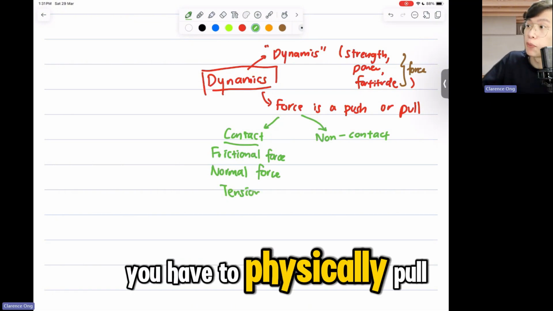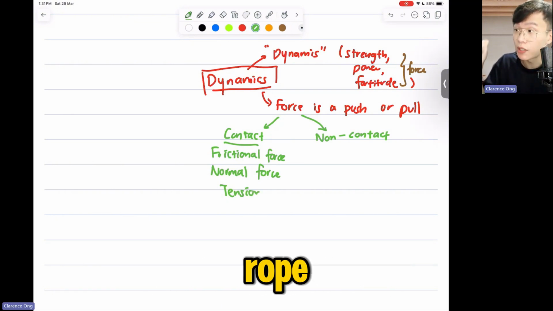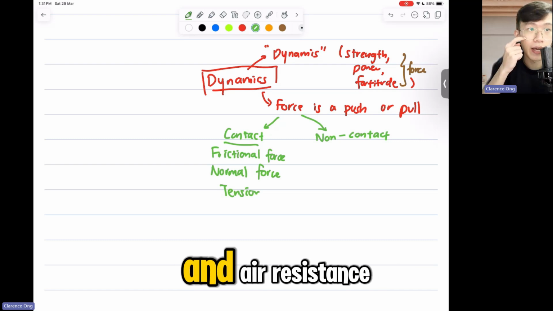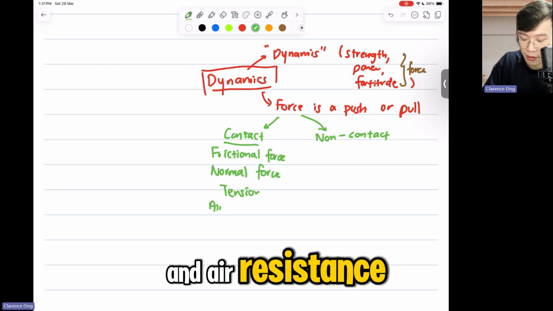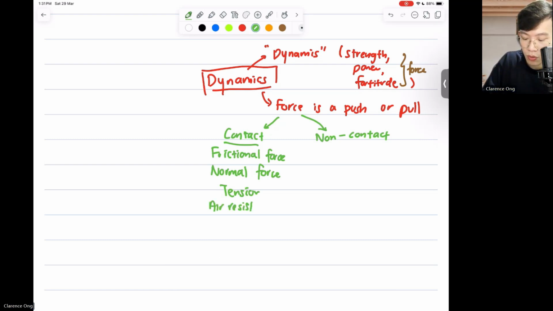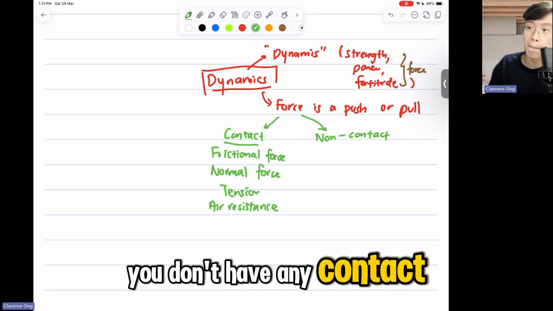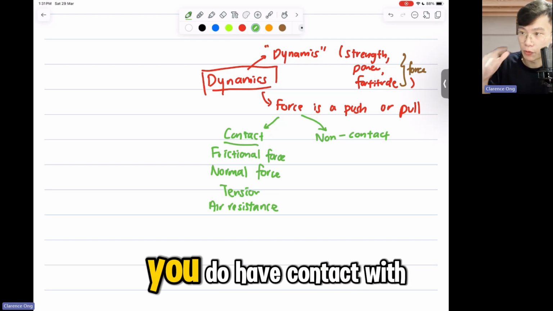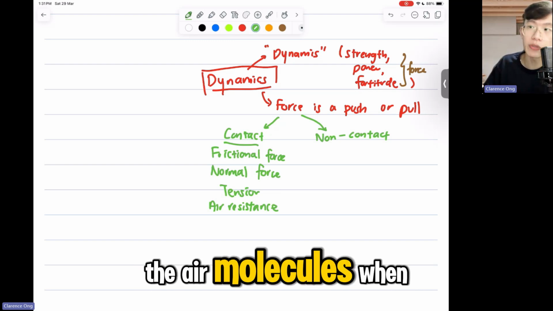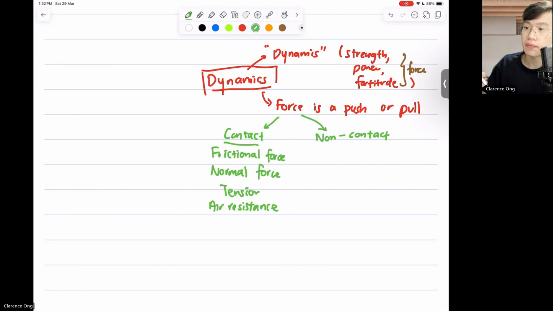You have to physically pull onto the rope. You have to touch the rope. So that's contact as well. And air resistance. You might ask, for air resistance, you don't have any contact. But you do. Okay? You do have contact with the air molecules when you collide into them.